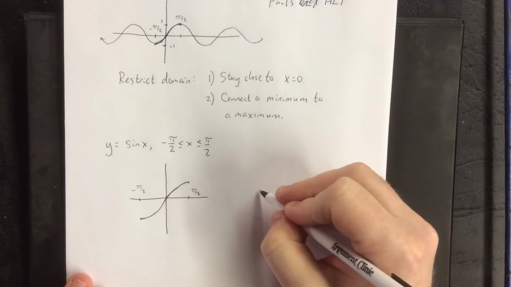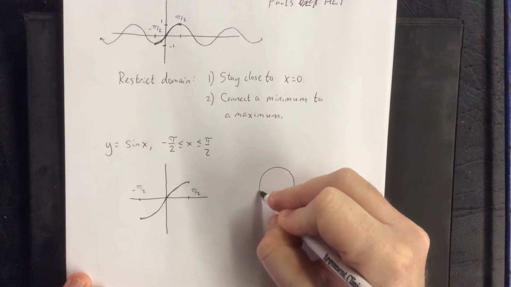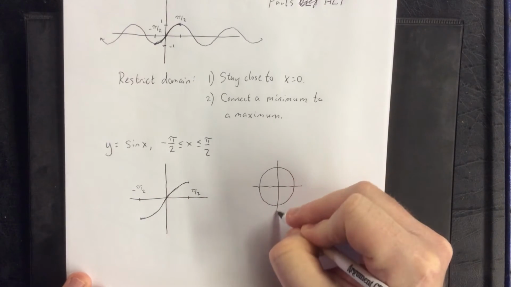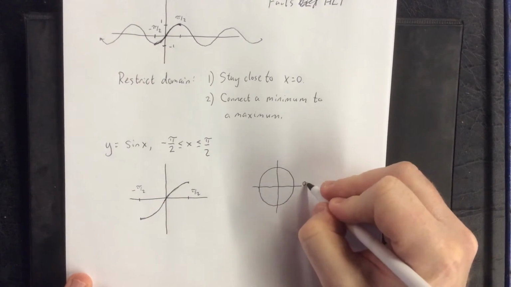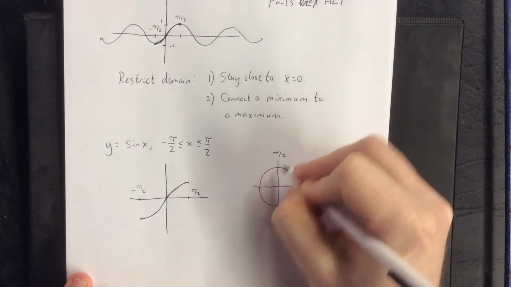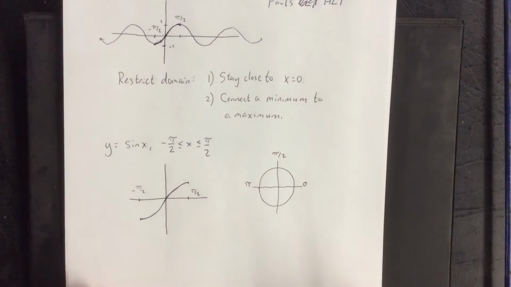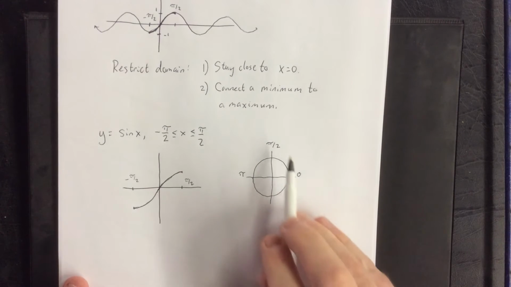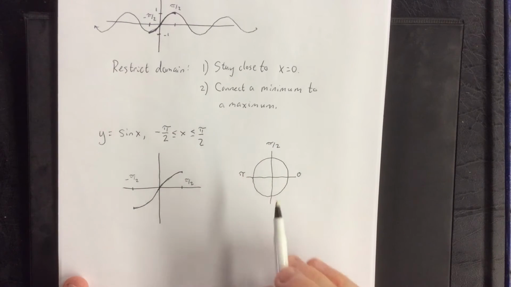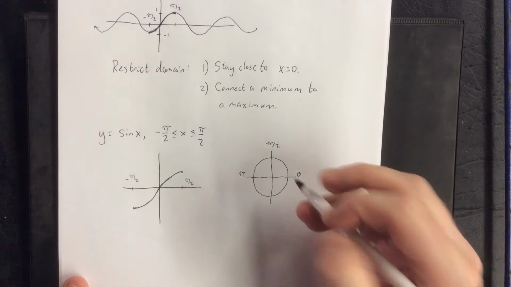Now, frequently this shows up on the unit circle as well. As far as the unit circle is concerned, we're going to be defining angles in a slightly different fashion. Normally, as we make our way around the unit circle, in terms of radian measures, we would label these as 0, pi over 2, and pi. Then we would go on to label this as 3 pi over 2.